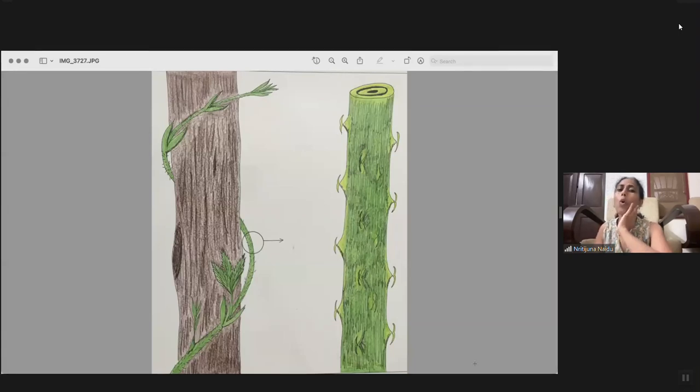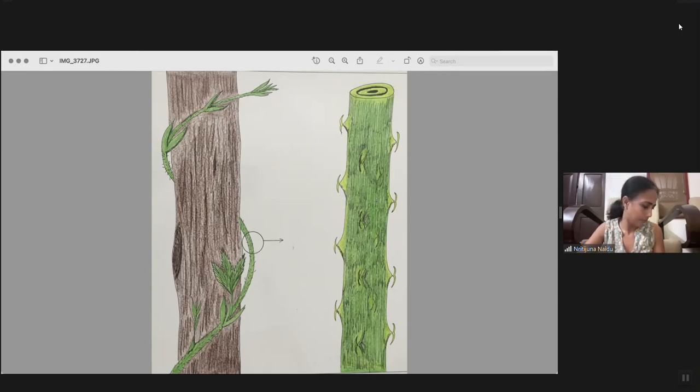In this example, the whole plant twists itself around another support, perhaps another plant. Now, if you see, a little portion of this has been magnified onto your right. This is the enlarged image of this stem that is winding around another plant.